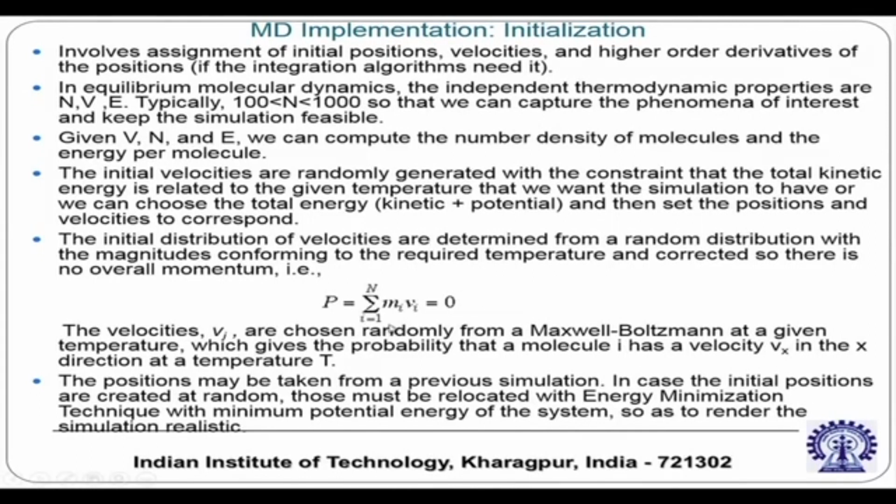So this is a very important constraint, it needs to be satisfied. The velocities are chosen randomly from an equilibrium distribution known as Maxwell-Boltzmann distribution, which gives the probability that a molecule i has a velocity Vx in the x direction at a temperature T.